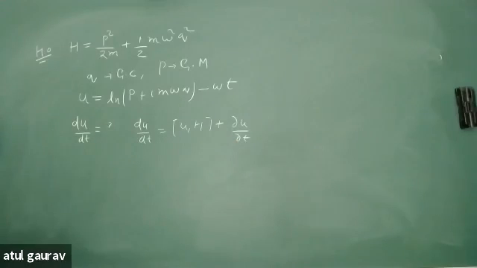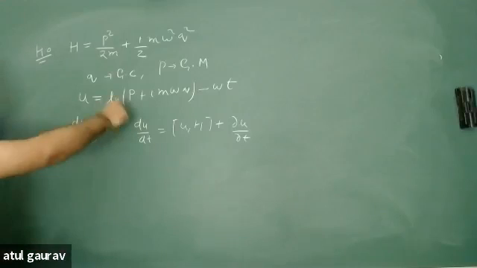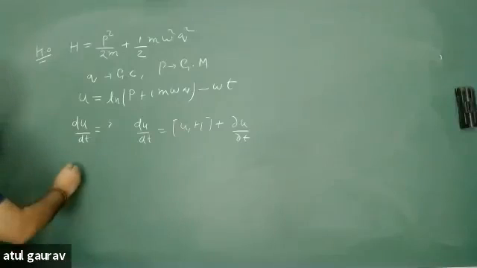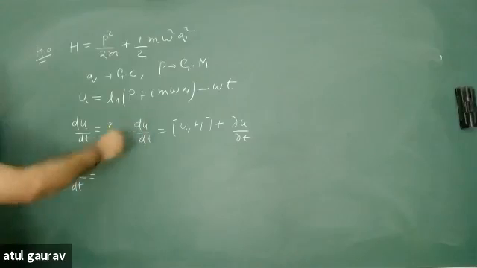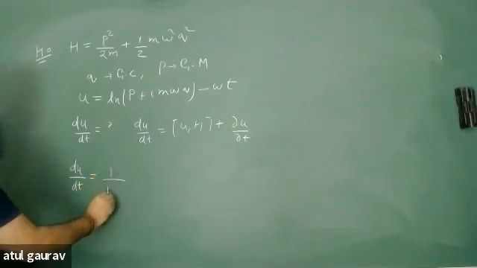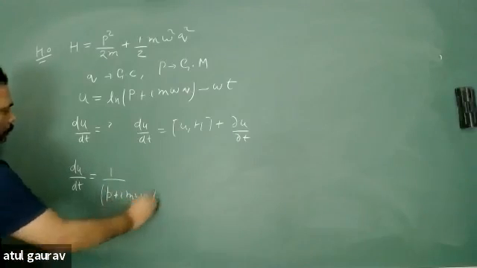Be very careful with the calculation because it's not very straightforward; the log is there and all the terms are there. So du/dt is equal to, we have the log, so 1 upon p plus imωq.